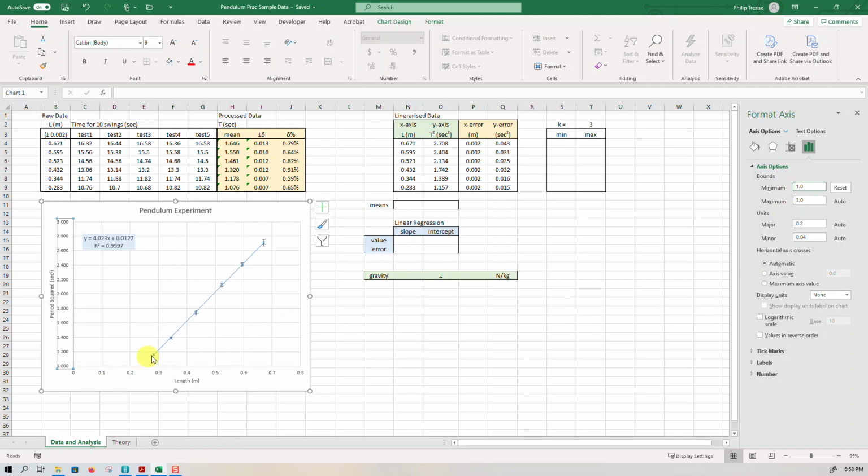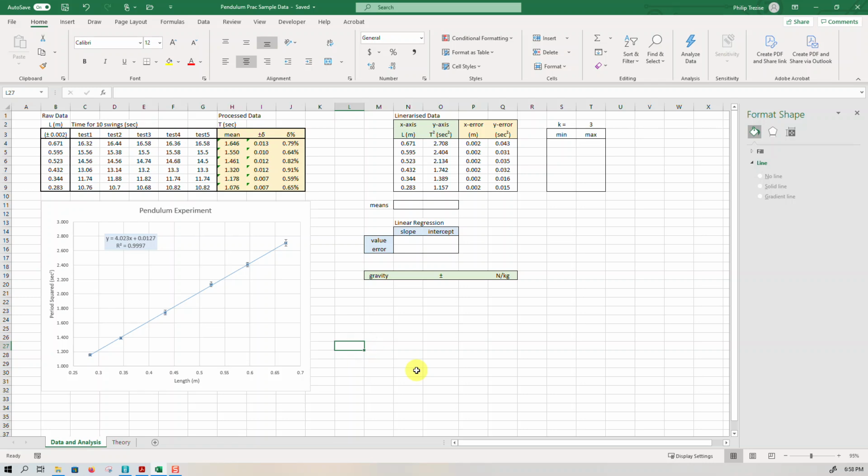And then I notice here on the x-axis, I don't need to be going more than 0.7, and I probably don't need to be going less than 0.25. So I'll click on the horizontal scale, minimum 0.25, maximum 0.7. Now that's a convenient way of magnifying up what I'm looking at.